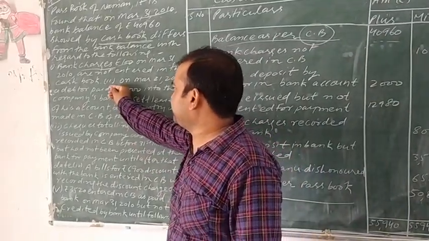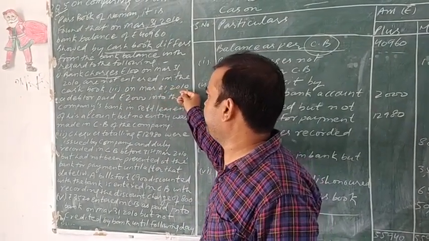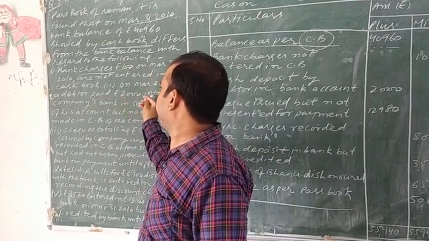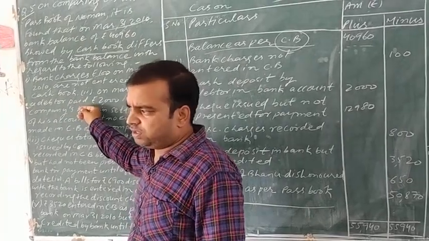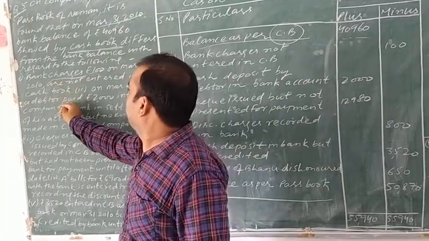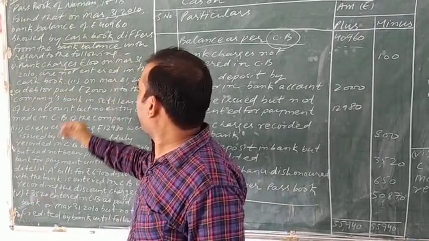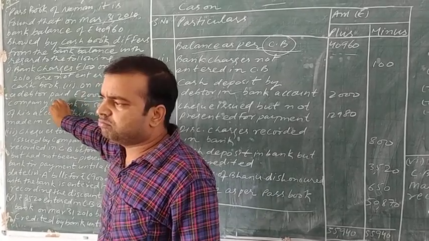Now the second transaction: on March 21, 2010, a debtor paid rupees 2,000 into the company's bank. A debtor of Naman, who owed an amount, directly paid 2,000 rupees in the bank.